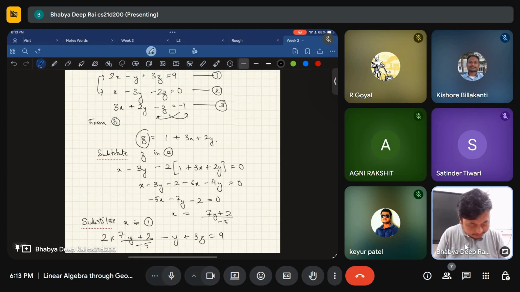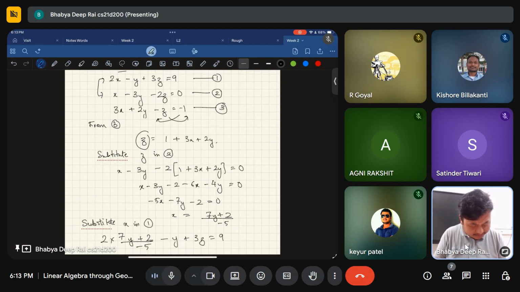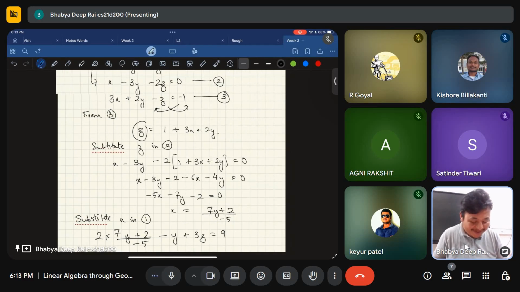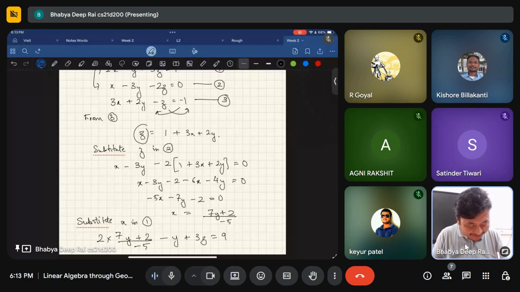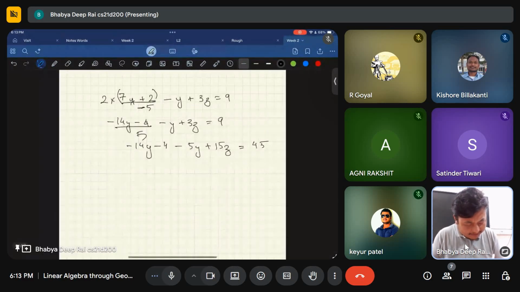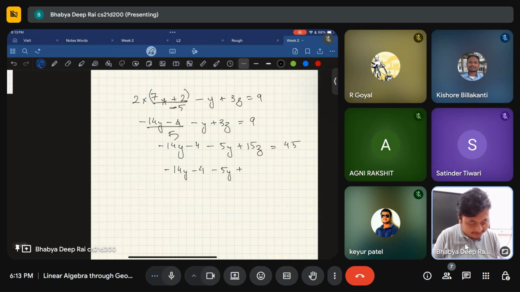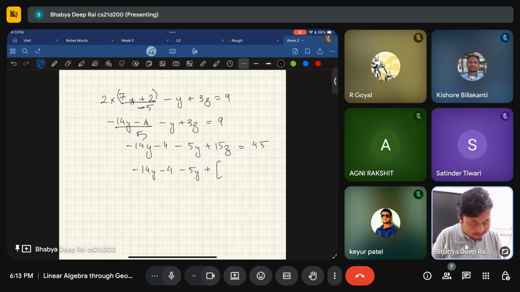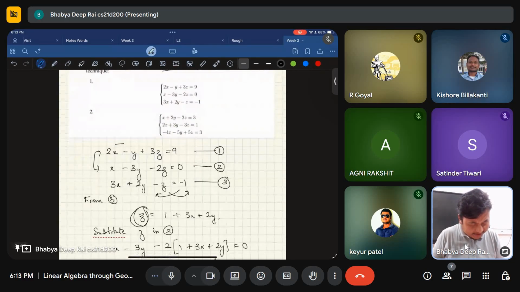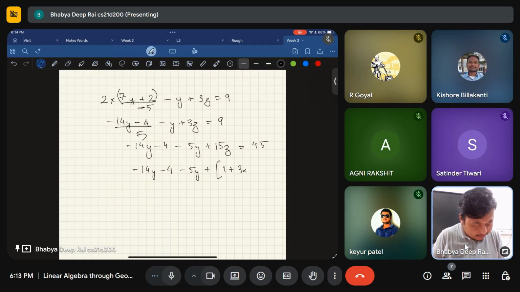Let's take one of the terms, and I substitute this particular z here. So I do minus 14y minus 4 minus 5y plus 15z, where z is 1 plus 3x plus 2y, times 15, equals 45.